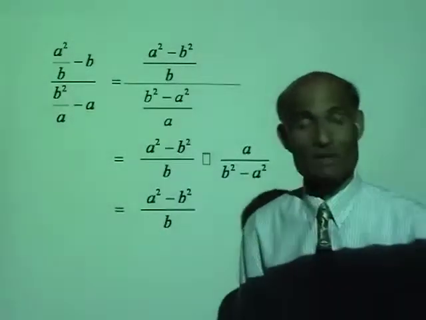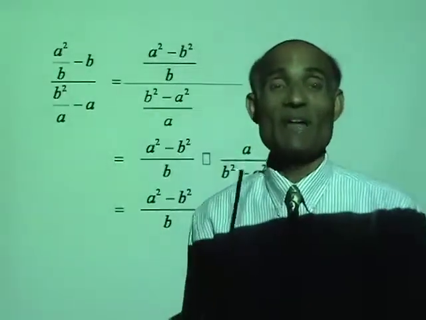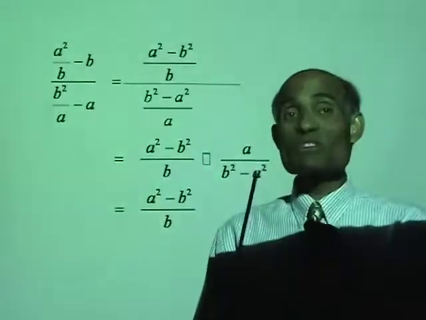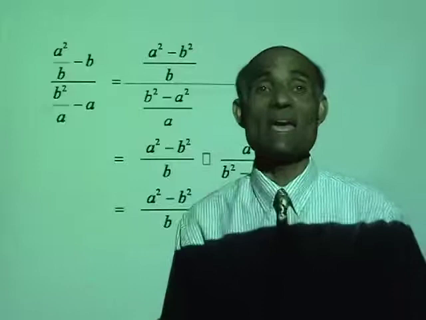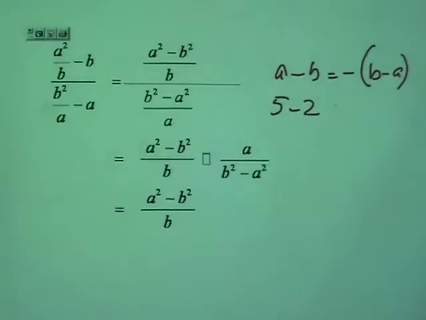Now, do you remember we did some time ago, even in the last class, that a minus b is the same as negative of b minus a. Is that right? Now, get those skills understood very well. A minus b is the same as negative of b minus a. You see, 5 minus 2 is negative of 2 minus 5.